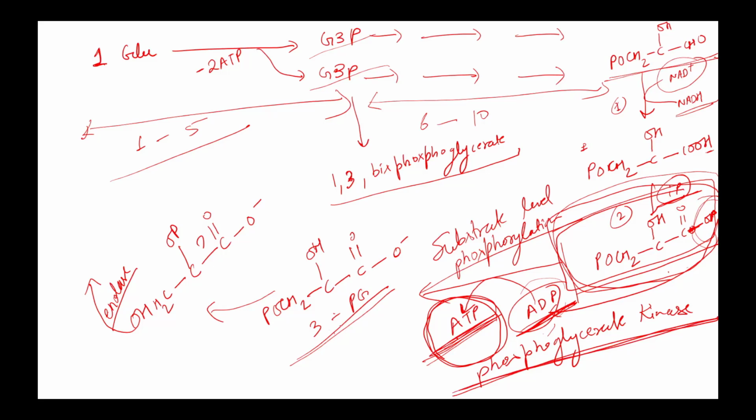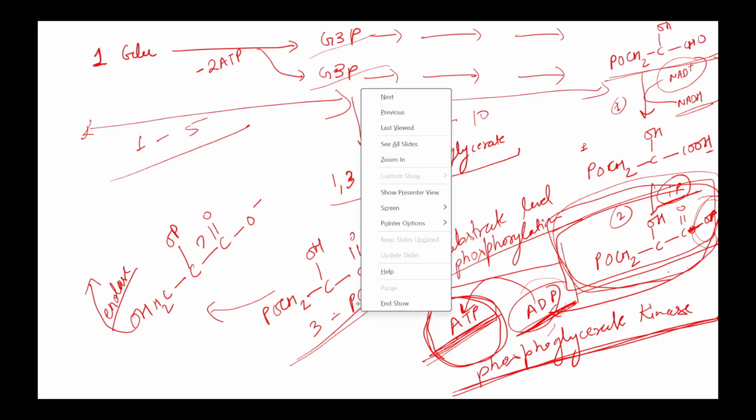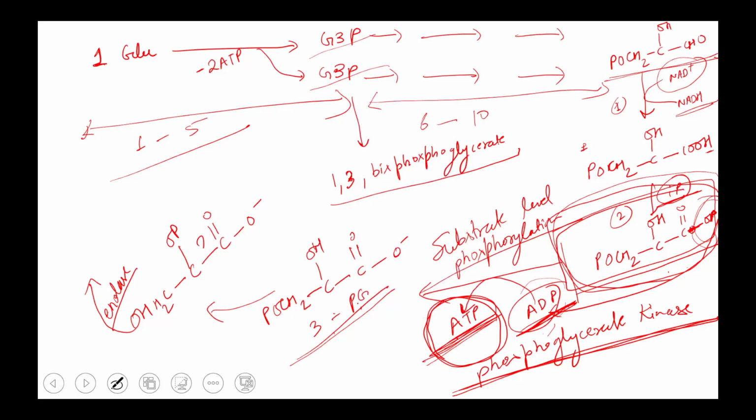Then 3-phosphoglycerate gets converted to 2-phosphoglycerate using the mutase enzyme, and this 2-phosphoglycerate further gets converted to phosphoenol pyruvate, which has this structure.